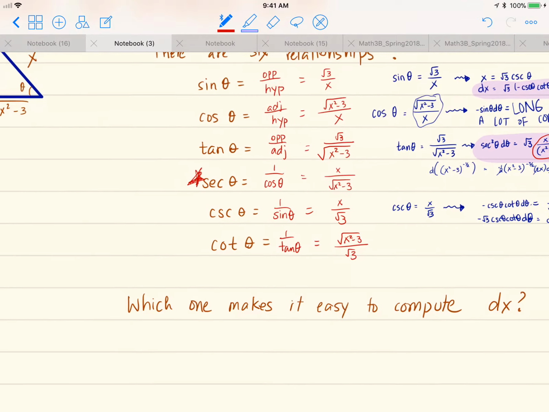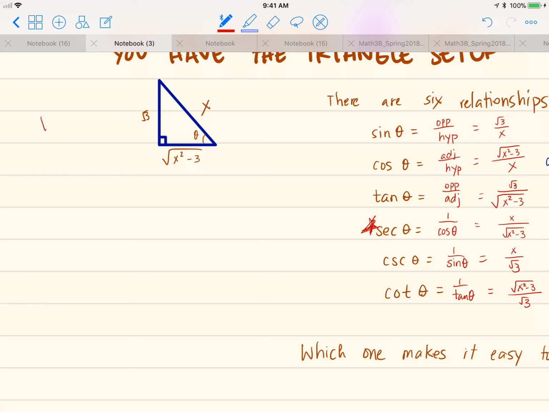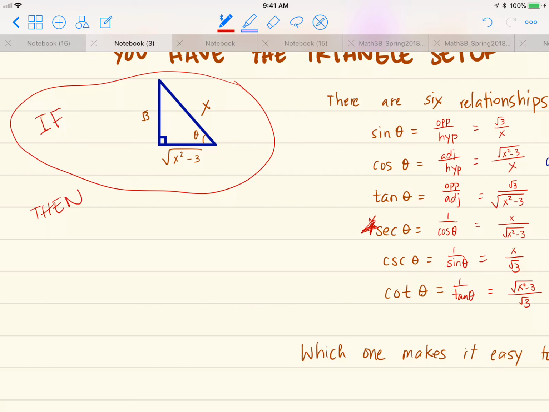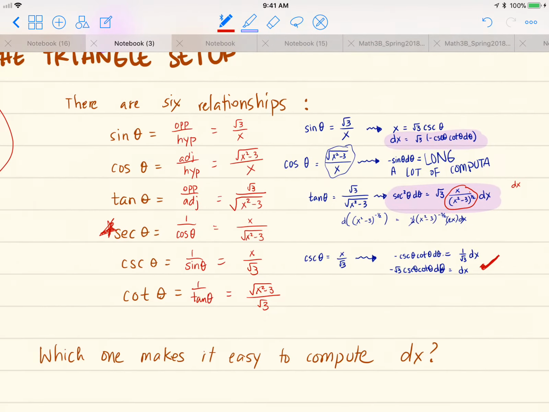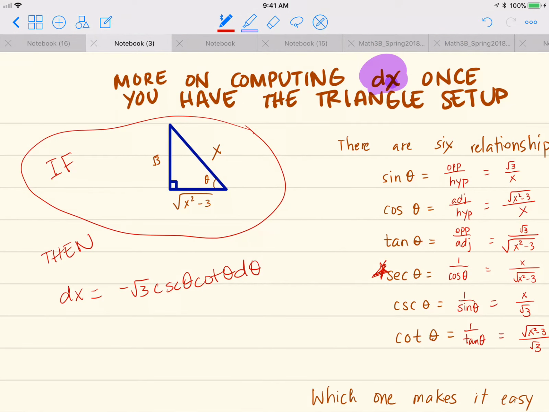So what we're saying is, if the relationship between x and theta is modeled by this triangle, then dx is equal to negative root 3 cosecant theta cotan theta d theta. Okay, so how do we compute dx once we have the triangle set up?